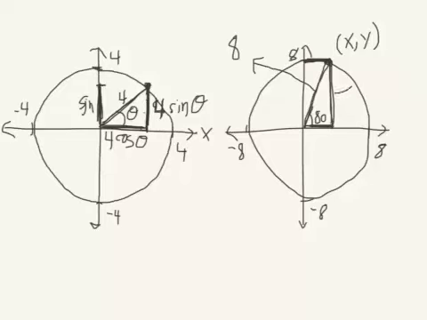And since we know the hypotenuse, we can say that this side is 8, the hypotenuse, times sine of 80. And notice that we multiplied the hypotenuse by sine of the angle that we know to find the side length opposite the angle that we know.